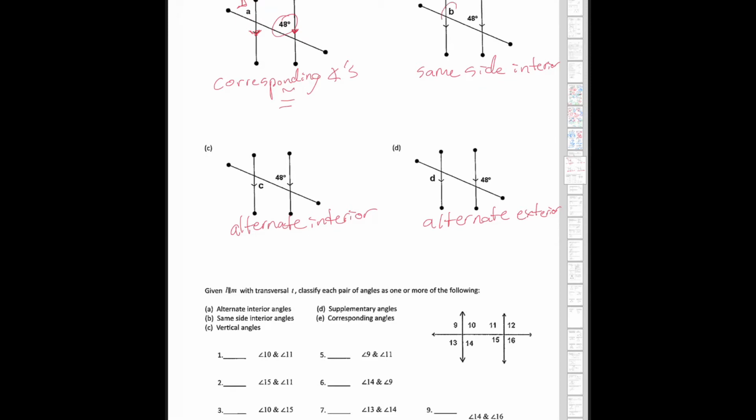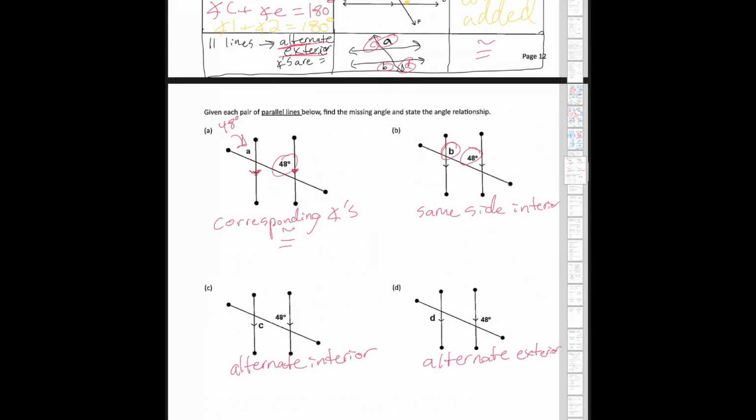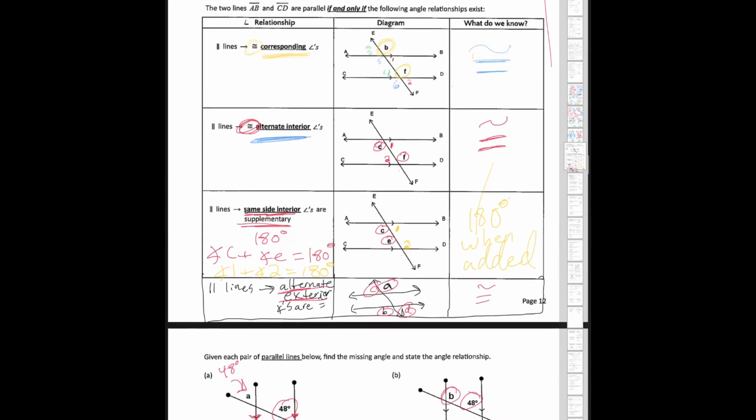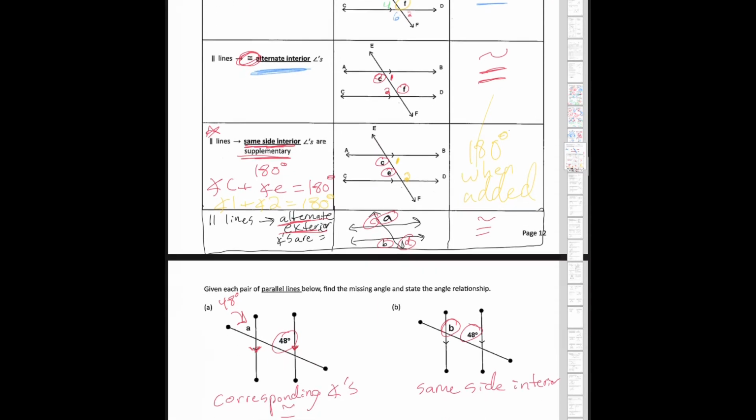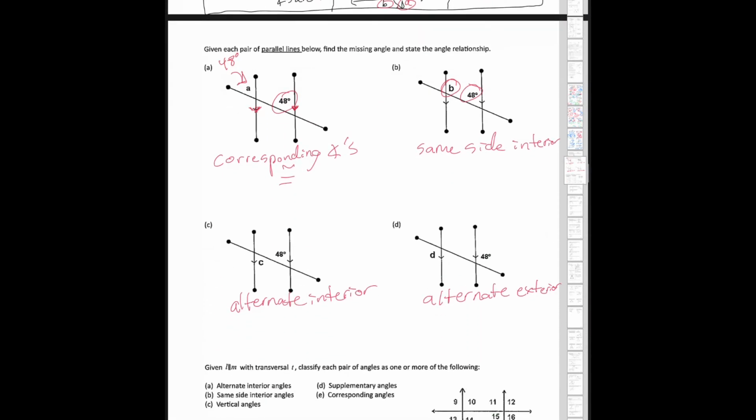Let's look at B. For letter B, we have this missing angle here and this missing angle here. If we scroll back up and see, maybe we don't remember this one, maybe we don't think it's congruent. Let's check it out. If we look up here, we have same side interior. Same side interior means that they are supplementary.